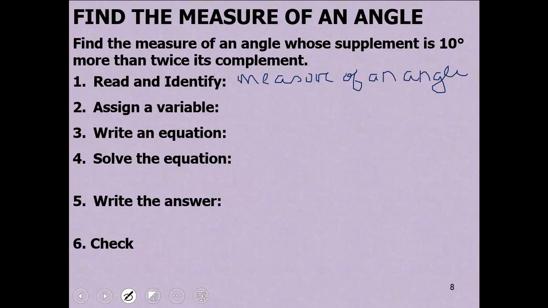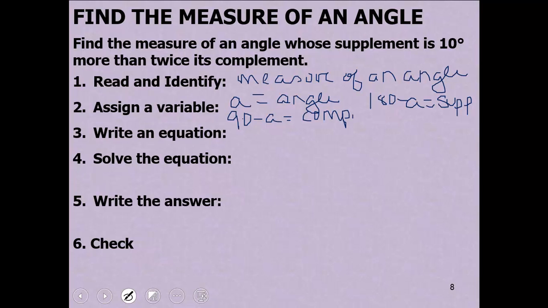So if we let A equal the angle, then 90 minus A is equal to the complement, and 180 minus A is equal to the supplement.